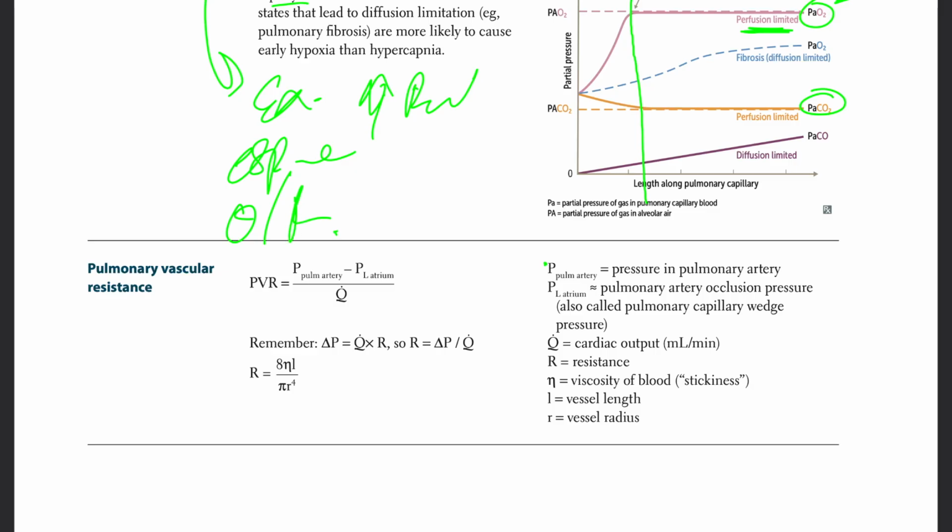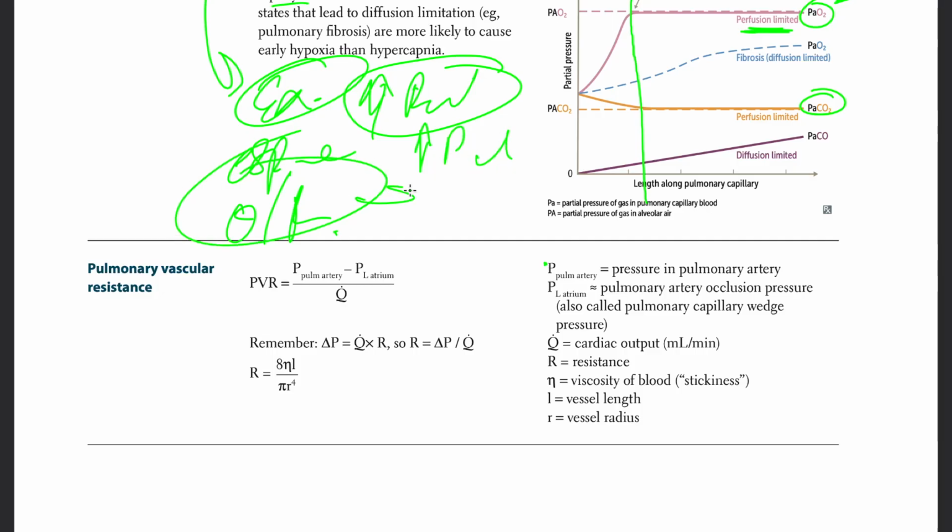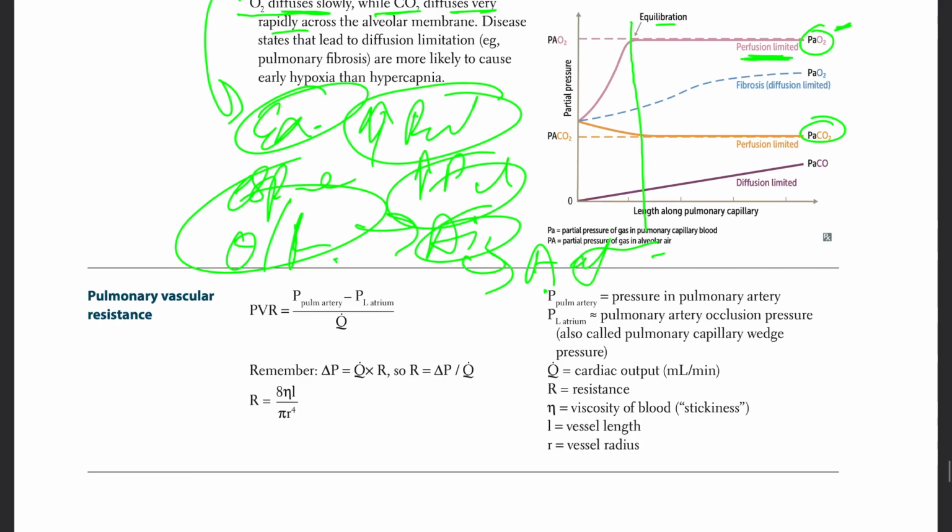With exercise, you're going to increase the blood flow so much, but because of that disease, you cannot get the air there. So there's going to be a mismatch, meaning the oxygen is not there, but the blood is there. It's called hypoxemia, and it is going to occur right after exercise in diseased patients.